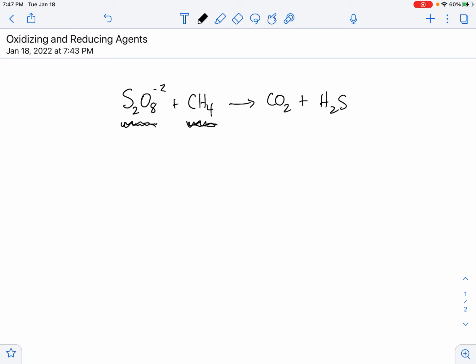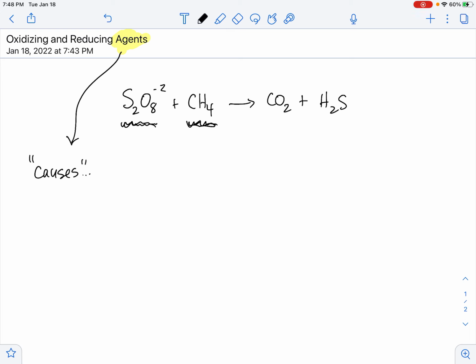Okay, so there are two terms: oxidizing agent and reducing agent. And yes, they're related to which one oxidizes and which one reduces. However, it's kind of confusing. The term agent, and I'm going to highlight the title up there, the word agent actually means causes.